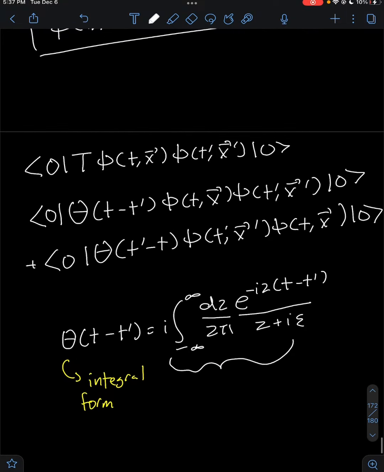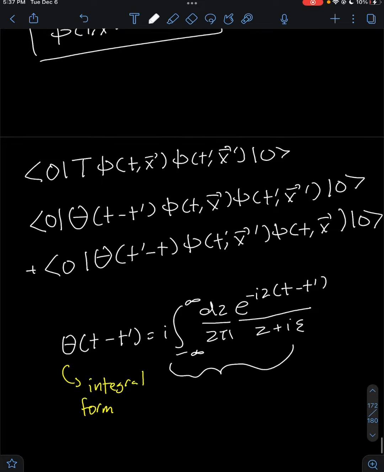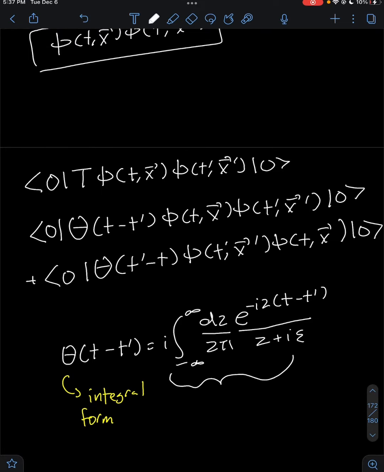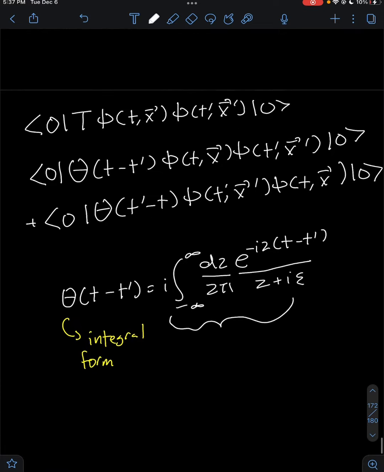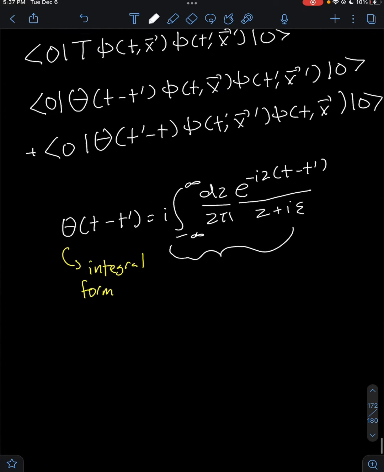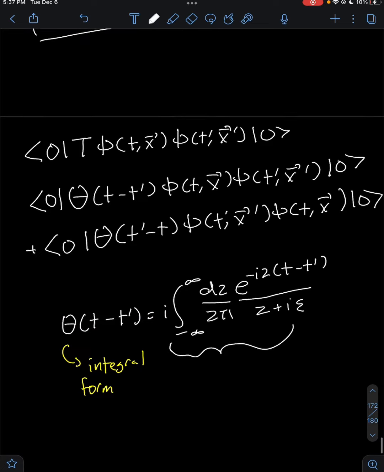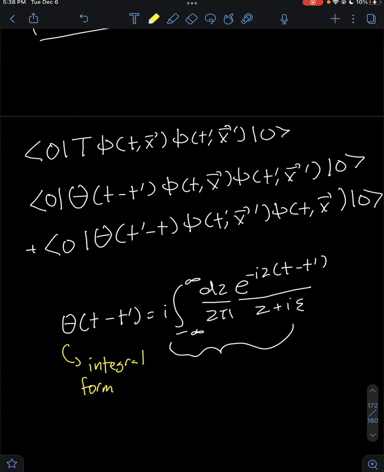We can write the step function in terms of this integral over some variable called z. z doesn't have any physical meaning, it's just a variable of integration. And by doing that, we can isolate the propagator into two parts: the first part, which is this over here, and the second part, which is this over here.